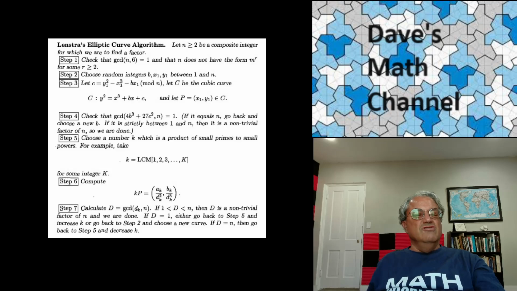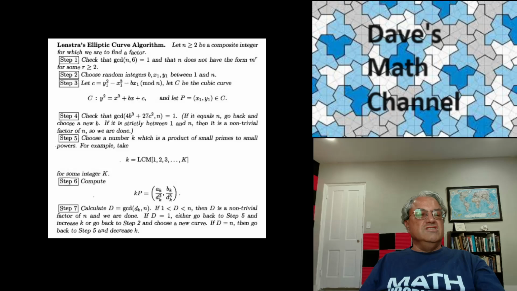I had a class with him, and he once said in one of his lectures that if he had a penny for every number that got factored with his elliptic curve algorithm, he'd be a billionaire. So I guess it's unfortunate that didn't happen. But anyway, it is a very fast factoring algorithm.